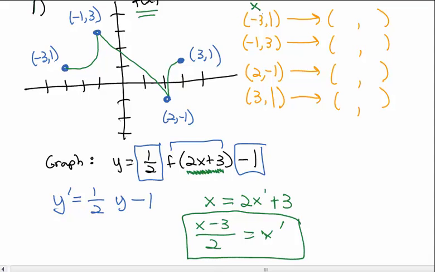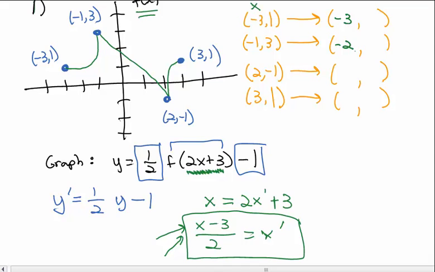So x's, that first column, negative 3 minus 3 is negative 6. Plugging into the x here in this formula in green at the bottom, x minus 3 over 2. So negative 3 minus 3 is negative 6, divided by 2 is negative 3. When I plug negative 1 in, the second point, negative 1 minus 3 is negative 4, divided by 2 is negative 2.